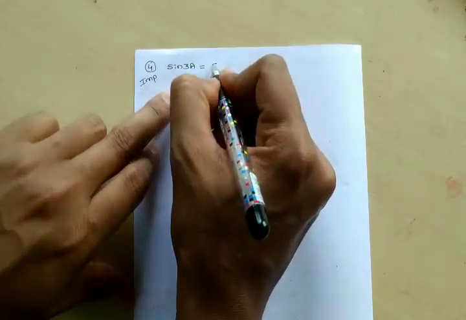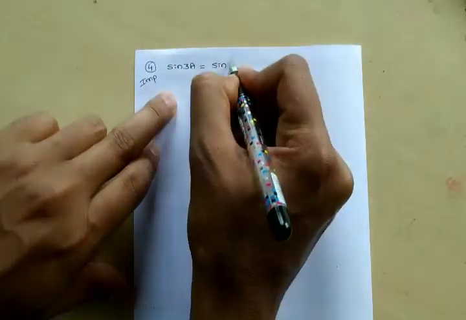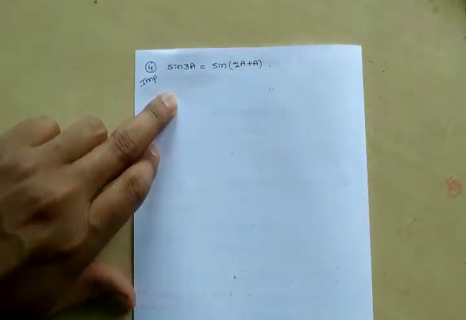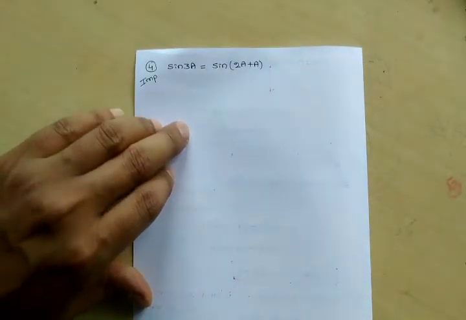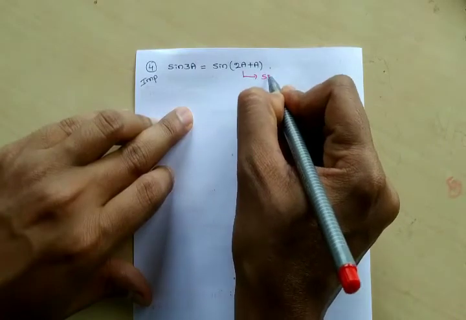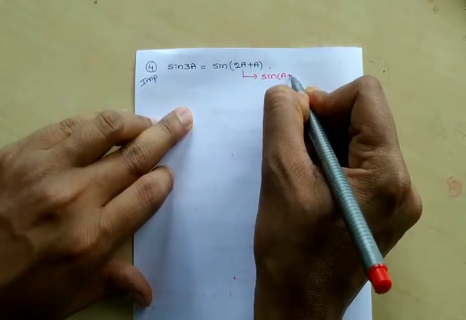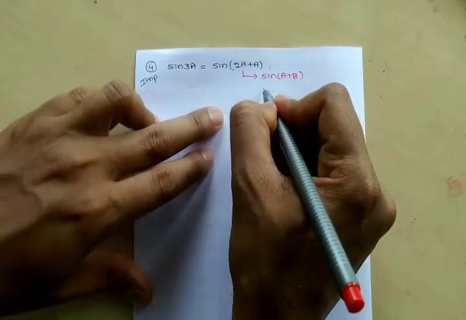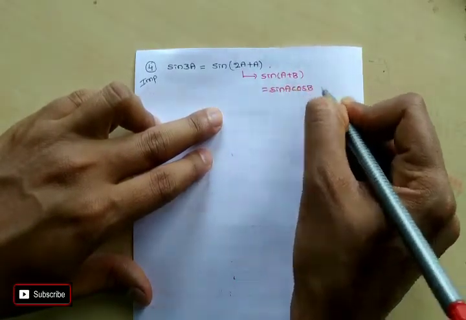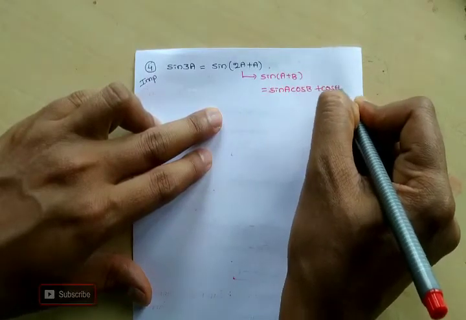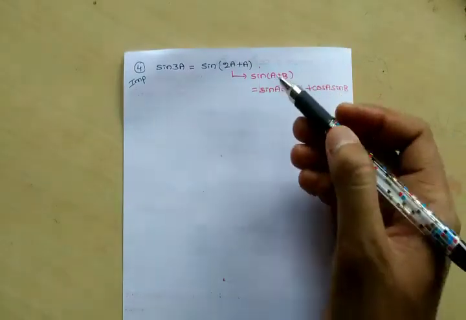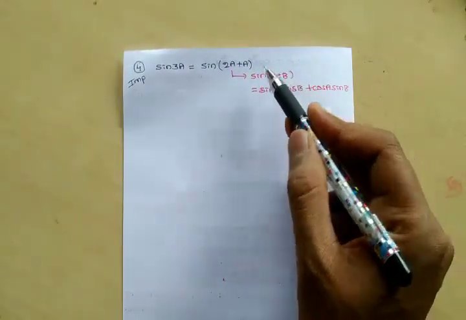So sin 3A I am going to write as sin of 2A plus A. Next you need to apply the formula sin A plus B, which is sin A cos B plus cos A sin B. Remember, A means 2A, B means A.